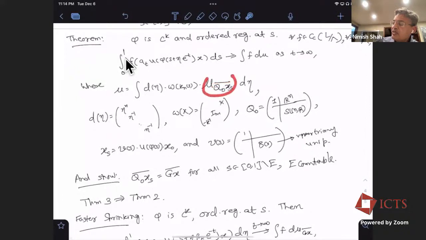So you look at the homogeneous probability measure there. Then you translate by some particular element depending on this fixed s, and then you translate further by d_eta, where d_eta looks like a diagonal element like this. And you integrate over eta from 0 to 1. And that's all you do.